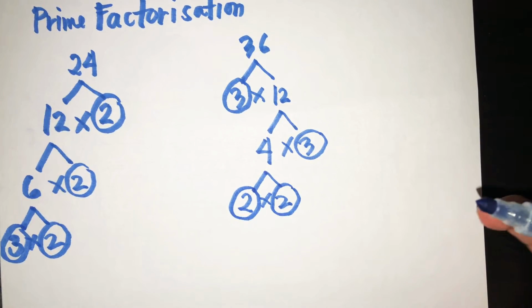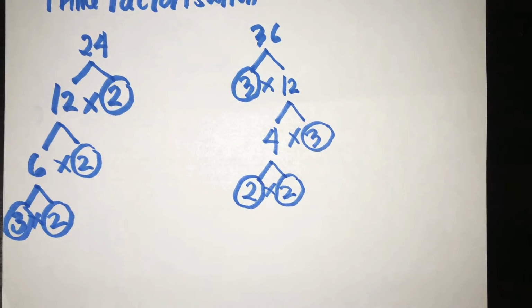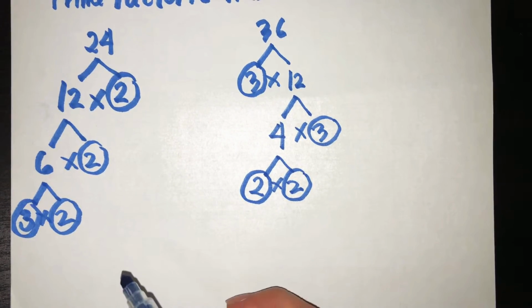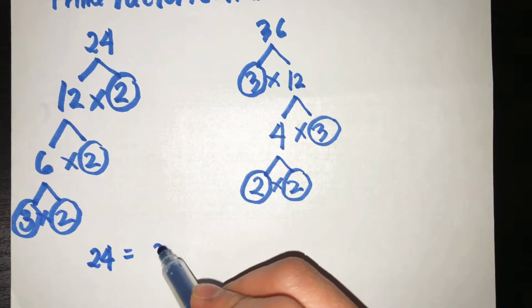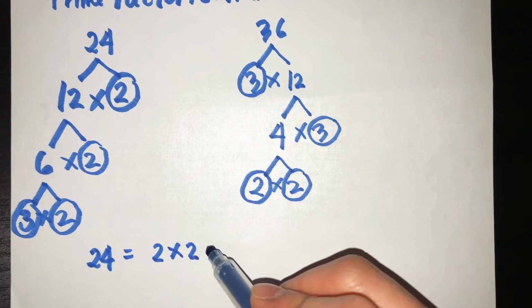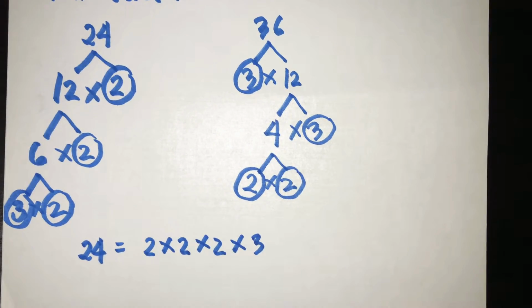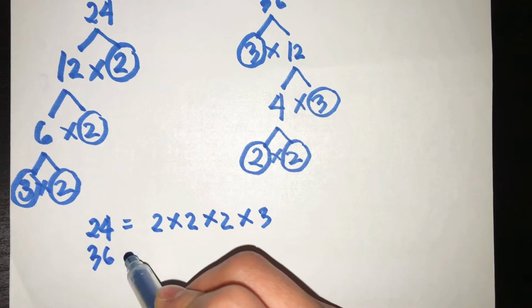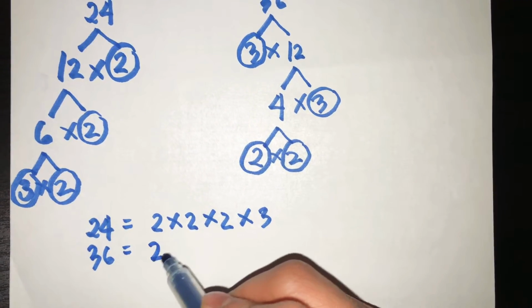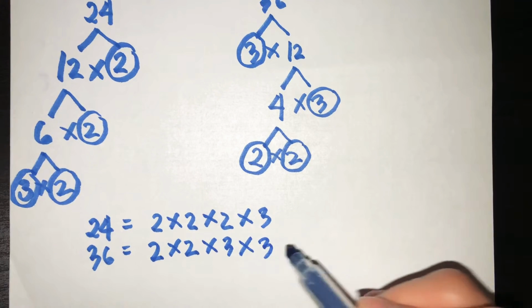Now the next step is, again, we're going to list down these prime factors, and the best way to do it is to arrange them in numerical order. So for 24, we have 2 times 2 times 2 times 3. Then for 36, we have 2 times 2 times 3 times 3.